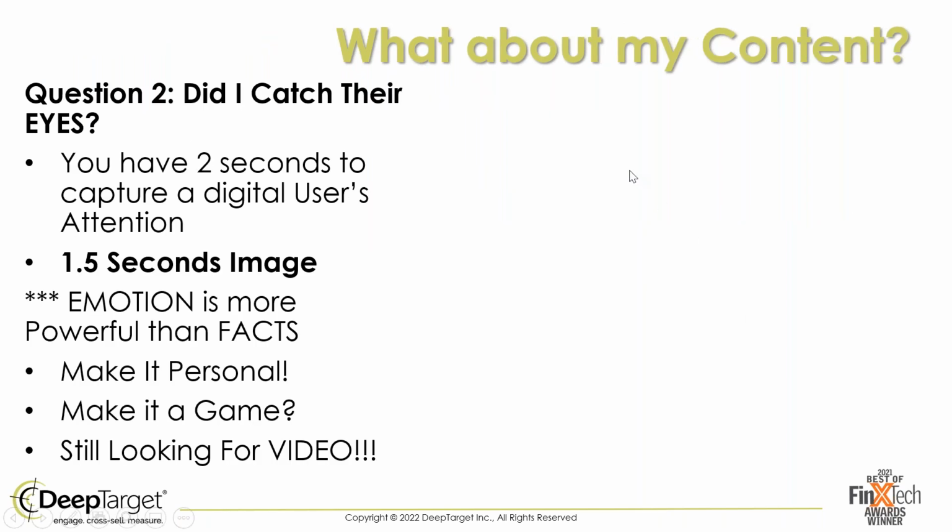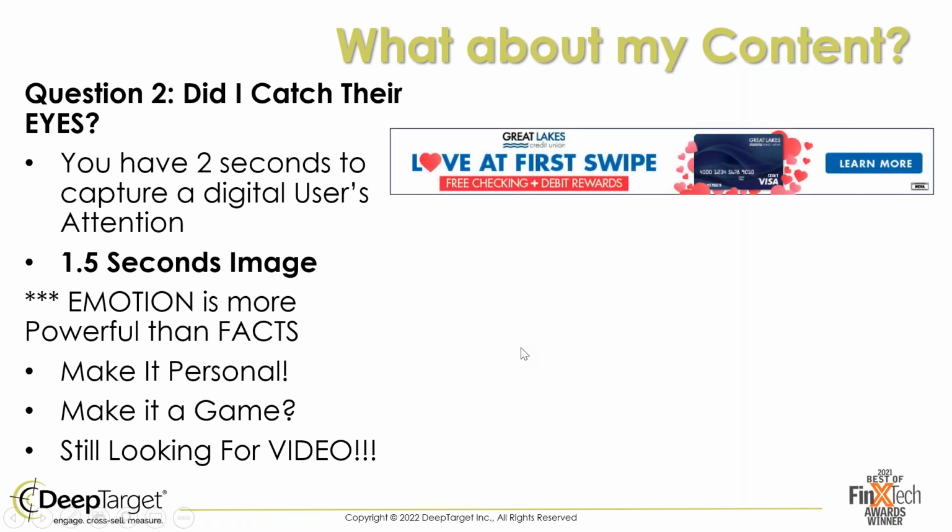Okay. So second question is, did I catch their eyes? So once I did get a campaign ad out there, did I catch their eyes in the midst of that? You really only have 2 seconds. History says you only have 2 seconds to capture a digital user's attention. 1.5 seconds is for the image. And so that's key to invoke, first of all, emotion.